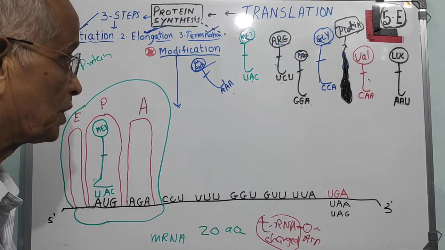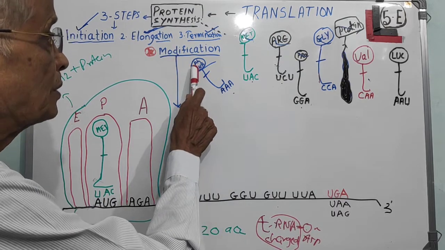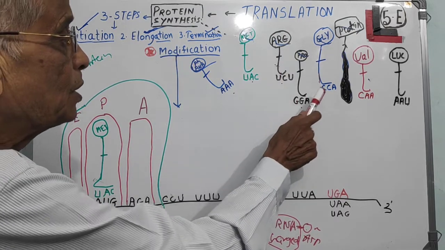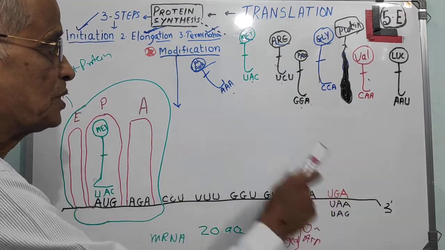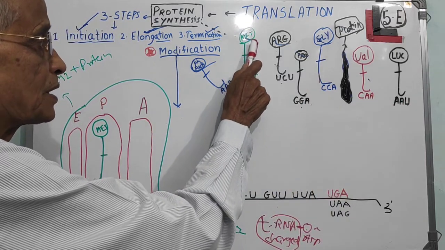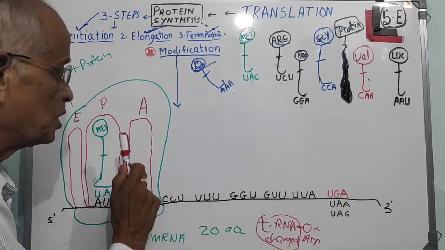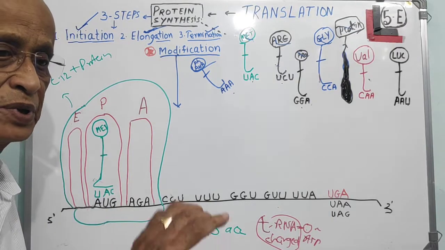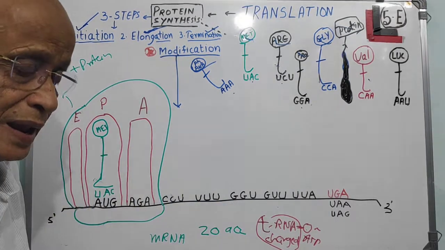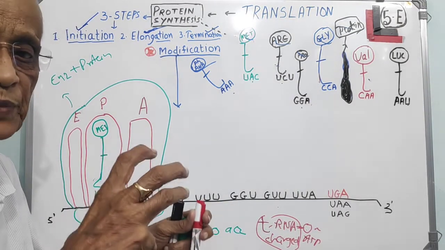However, for our purpose, I have taken here 1, 2, 3, 4, 5, 6 different kinds of amino acid plus the initiator amino acid, the methionine. So we will be getting a chain of 7 amino acid sequences in the polypeptide. Like that, 100 amino acids may join.